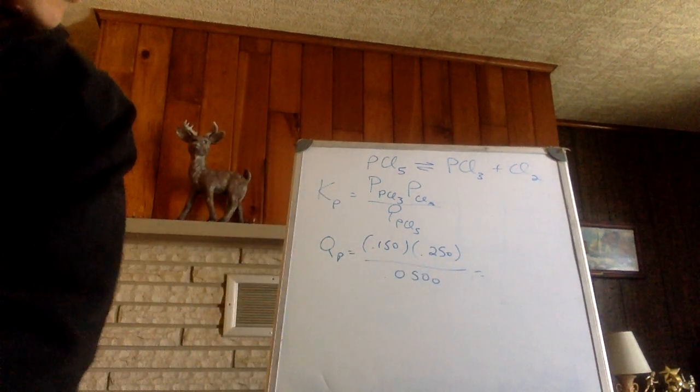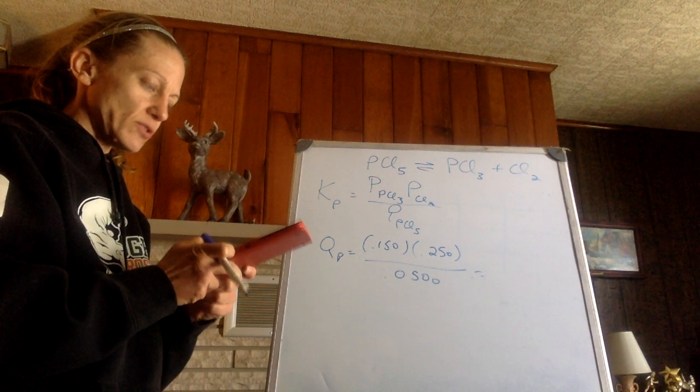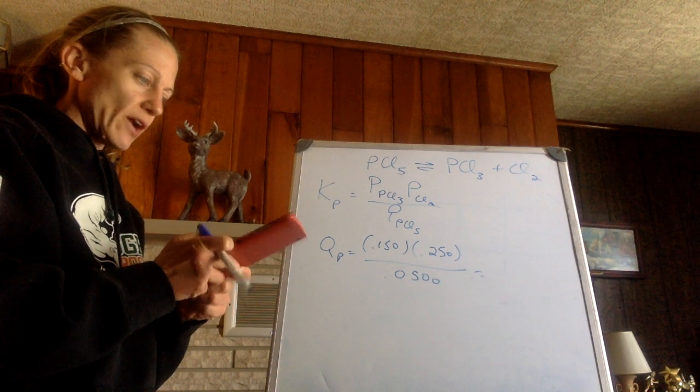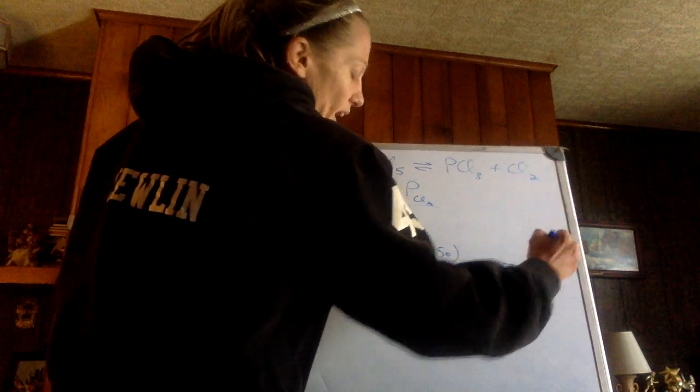So I'm going to solve that for Q. 0.15 times 0.25 divided by 0.05 gave me 0.75.